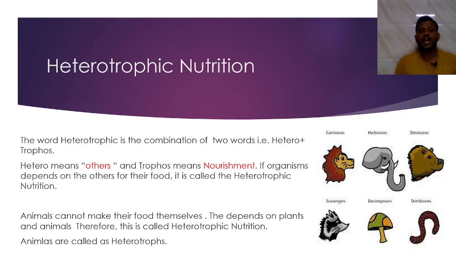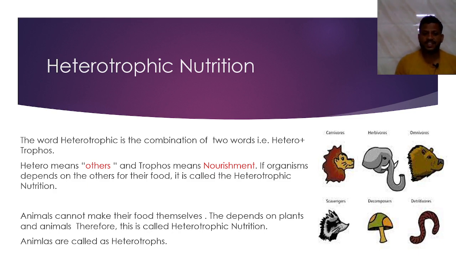Another one is heterotrophic nutrition. The word heterotrophic is a combination of two words: hetero and tropos. Hetero means other, and tropos means nourishment.